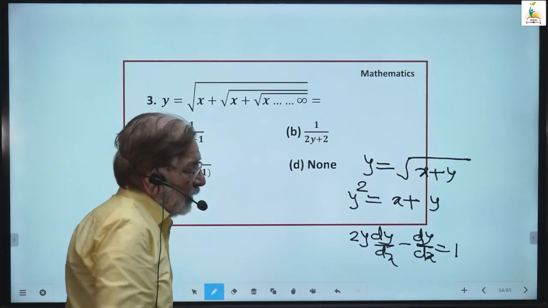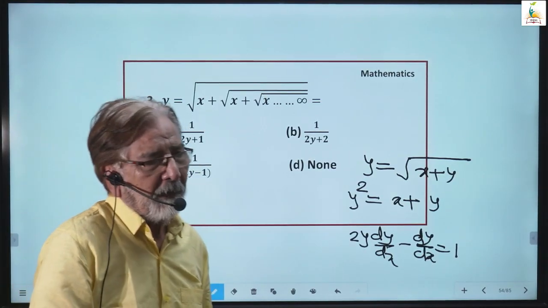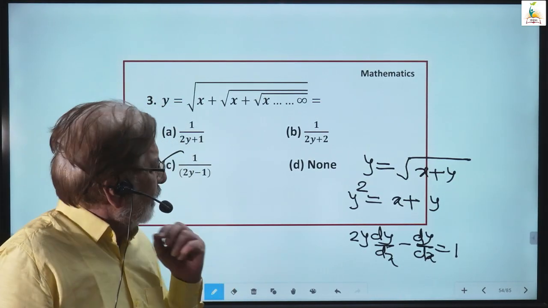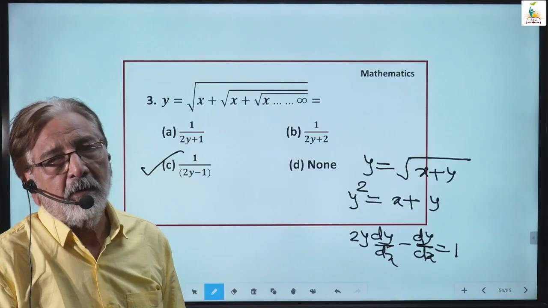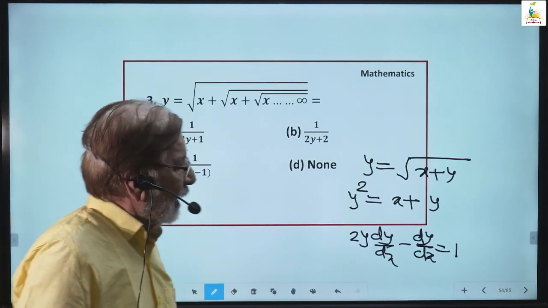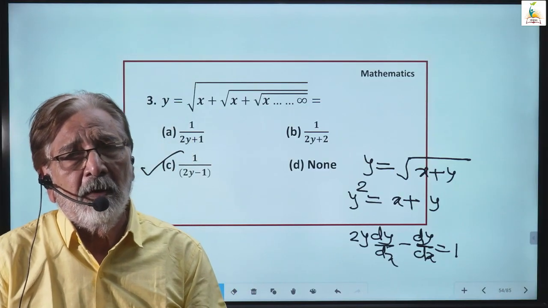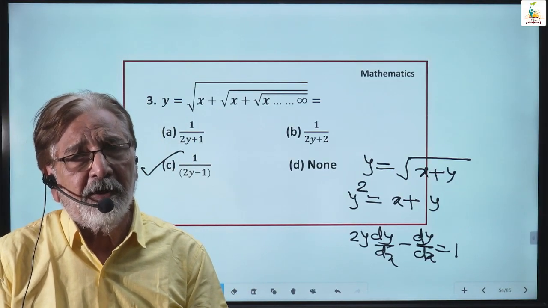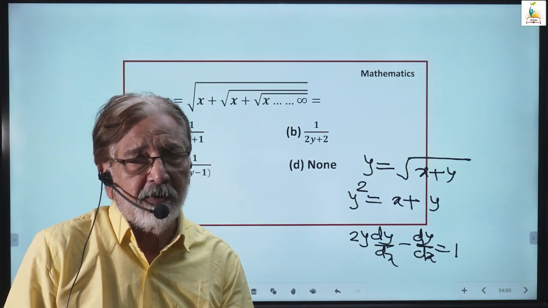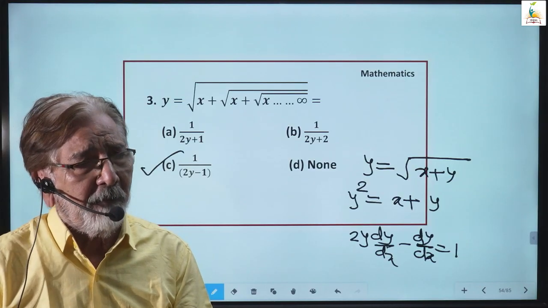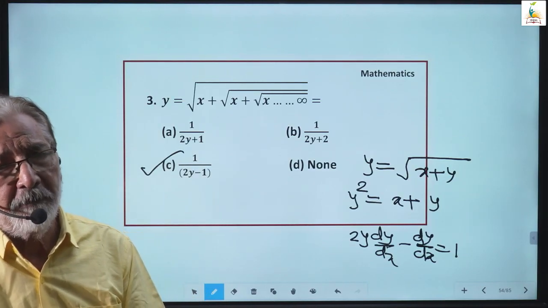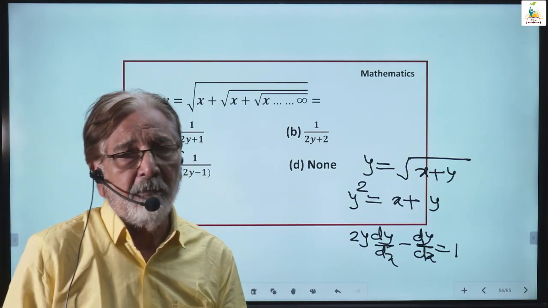This is a good question because after simplification, that is after squaring both sides, the question is hardly of one line. Most of the questions in a competitive exam where multiple choice questions are there, every question can be done within half a minute or 1 minute.